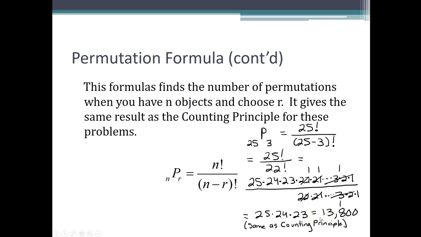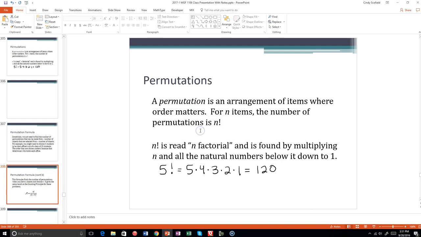There you go. Same as the counting principle right here, 25 times 24 times 23. But this formula can get you there. And you know how earlier I showed you on the calculator how you can do factorials? Well, if you have a scientific calculator with statistics functions, you can also do permutations and later combinations on your calculator.